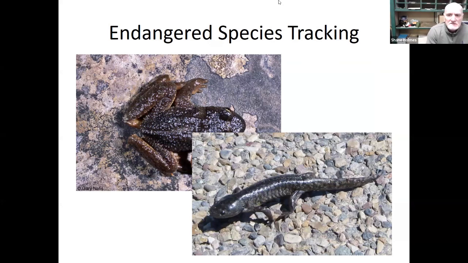Monitoring endangered amphibians in remote areas was this study, and the study exemplified how environmental DNA was employed to track endangered amphibians in habitats that are otherwise difficult to access or survey using traditional methods. In this case, environmental DNA was used to detect the presence of endangered amphibians, such as this frog or salamander, in remote and often inaccessible environments like wetlands or mountain streams.